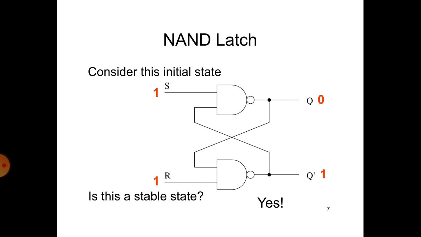Q is given to the input of the second NAND gate, and Q bar is given to the input of the first NAND gate. Suppose S R equals 1, 1. In this stable state the output is 0, 1. According to the truth table of the NAND gate, we can consider the outputs respectively.